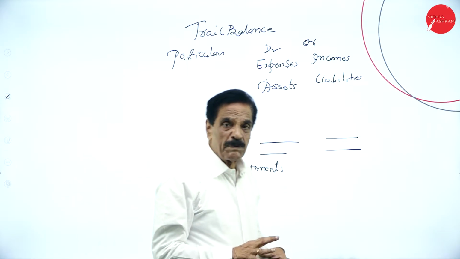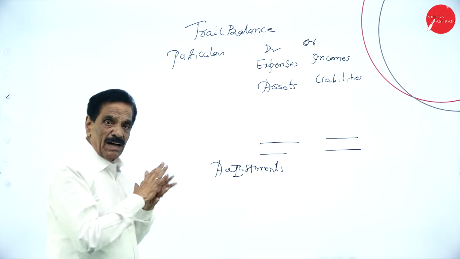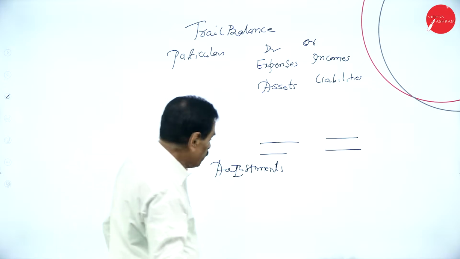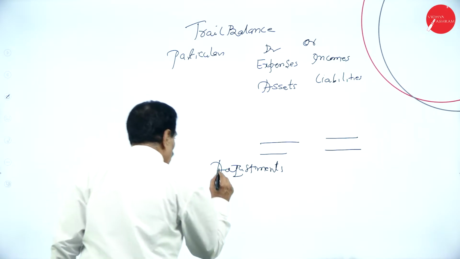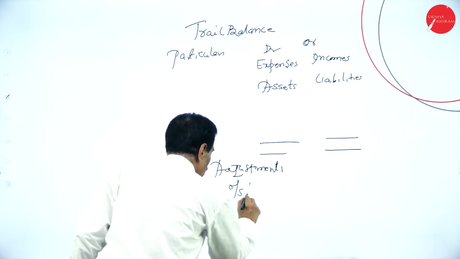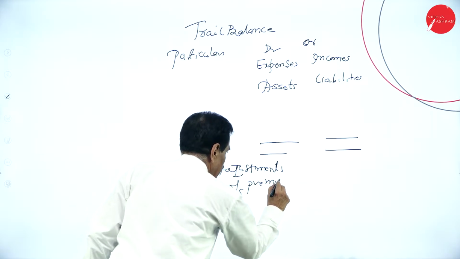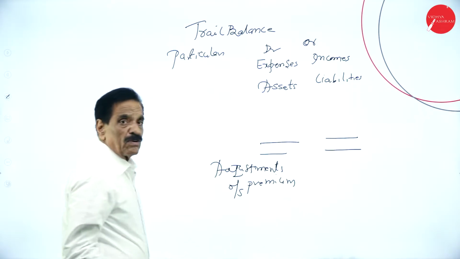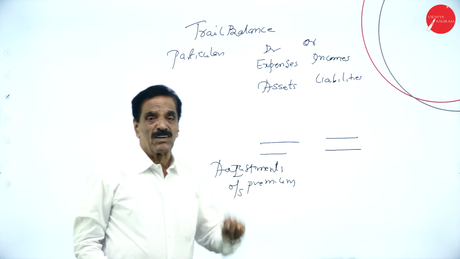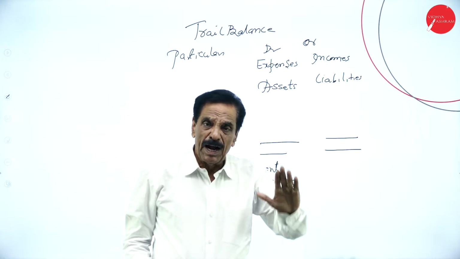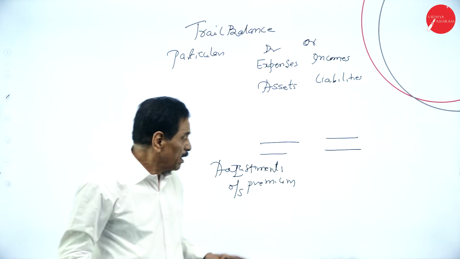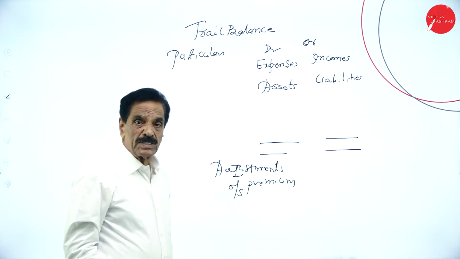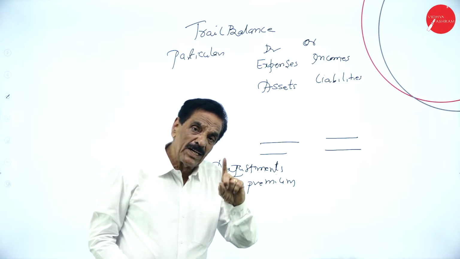Then I am going to explain how the revenue account is prepared. So by chance in adjustment you got outstanding premium. When you prepare the revenue account, premium and outstanding premium of the current year: if it is in the adjustment, outstanding premium should be added to premium.